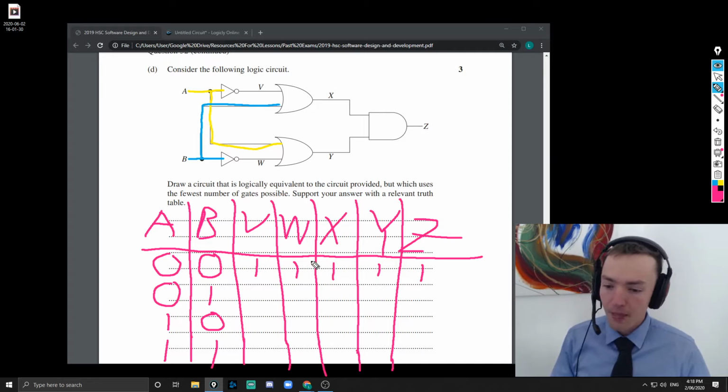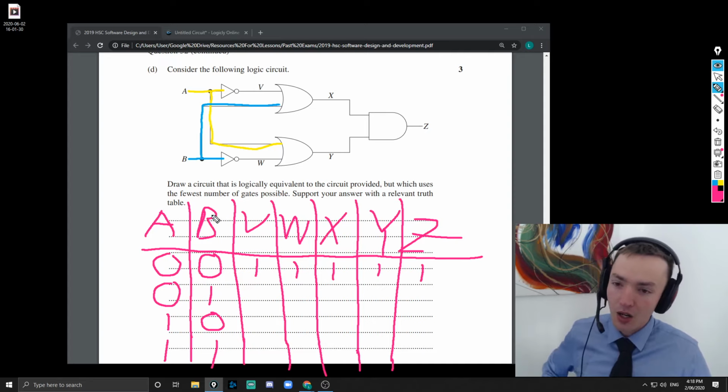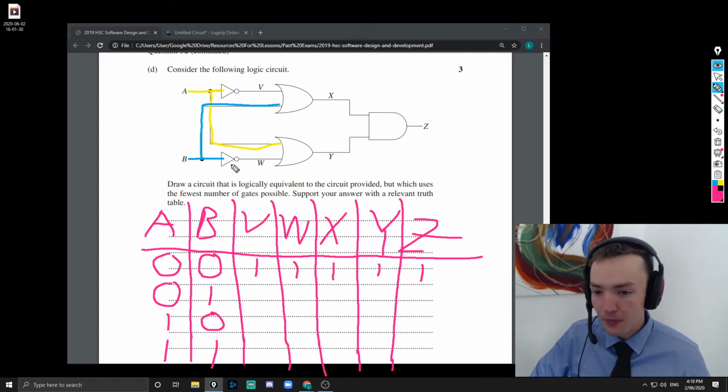So with the next one, we have A is 0 and B is 1. So let's start simple. Let's say, okay, what is V? So if A is off, we know that V would be on, so that's simple.